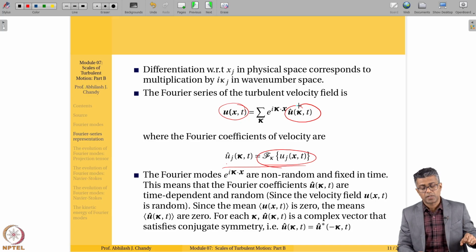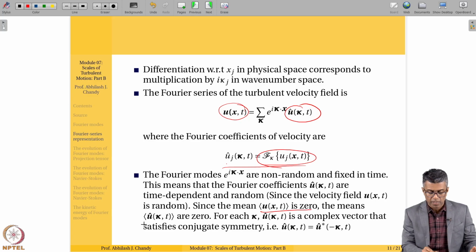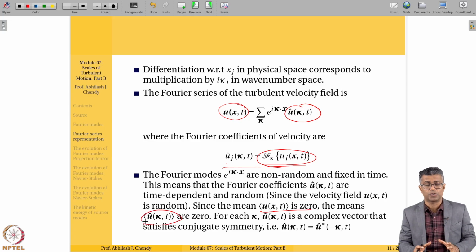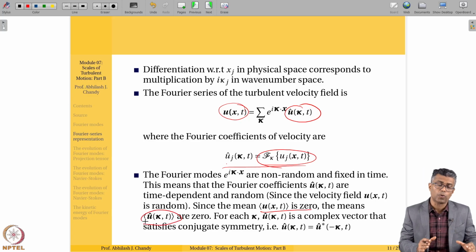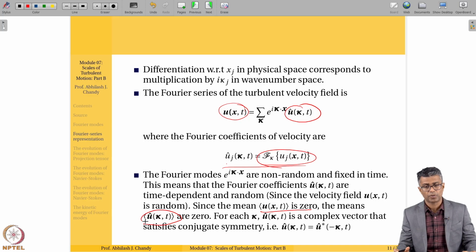Also, we consider the mean to be 0. If the mean of u of x,t is 0, it also means the mean of the Fourier modes, as in mean of u hat of kappa, is also 0.